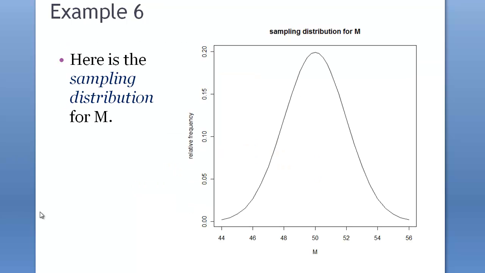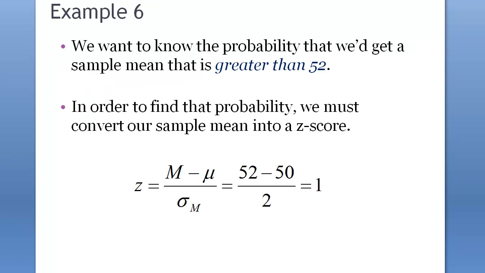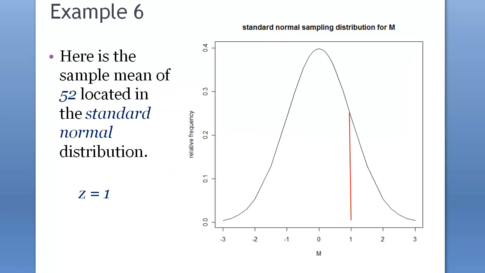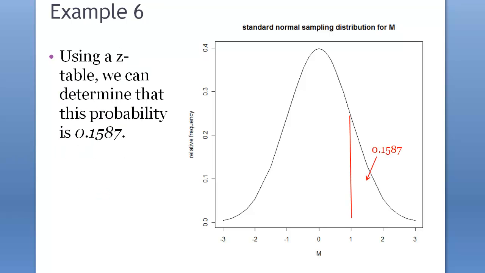So the z-score for this is going to be 1. Based on the z table, this proportion is going to be 0.1587.